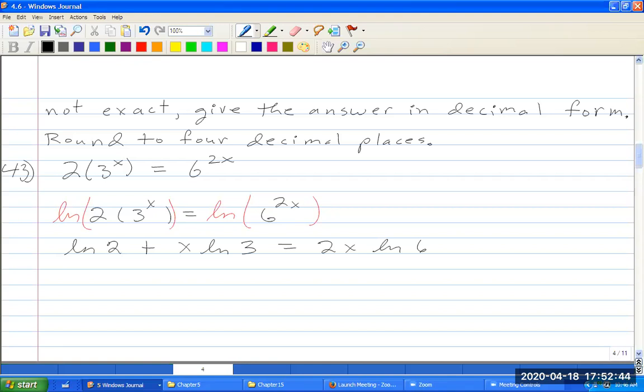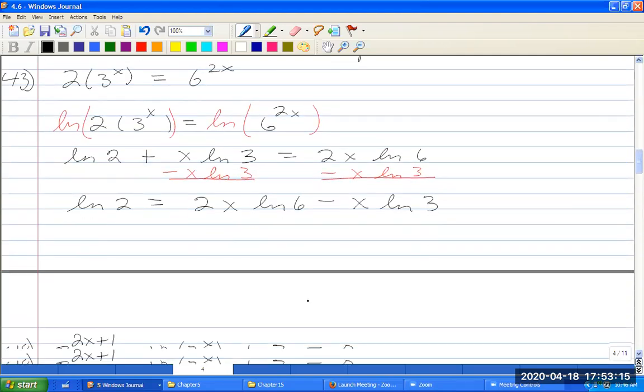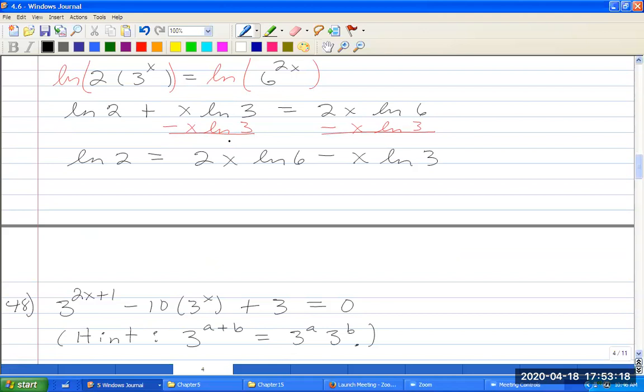Let's try to simplify this. So let me subtract x ln 3 from both sides of my equation. So I have ln 2 is equal to 2x ln 6 minus x ln 3. These are not like terms, so I can't really do anything nice with them. Let me factor out an x.